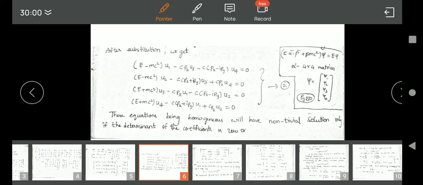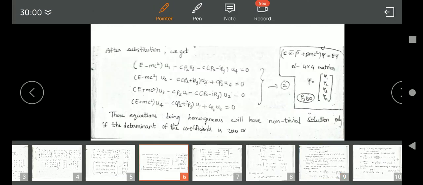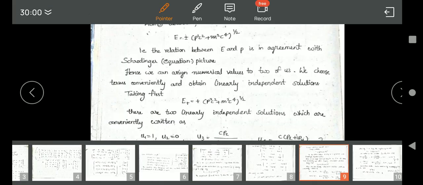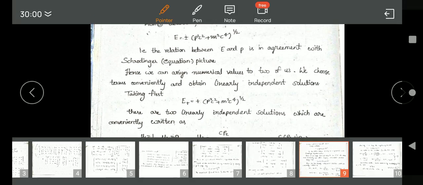In the similar manner, if you substitute these values for the second part of the equation, u1 is not there, so it's 0, u2 is 1, again we would have E − mc², similar manner, and u3 you could see is (px − ipy) into c by (E + mc²), and u4 is −cpz, because here we have plus cpz.